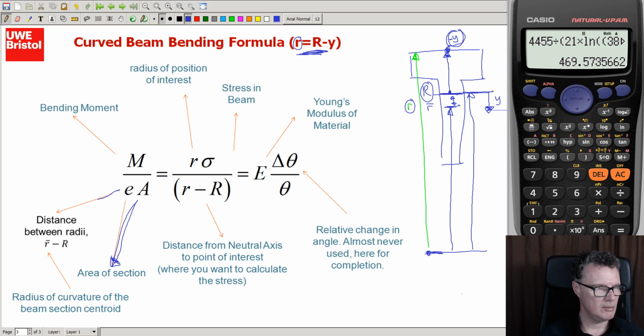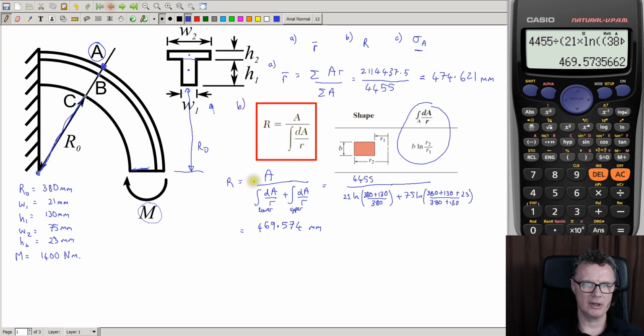I would be tempted to be an engineer at this point and not worry too much about my convention. So here I've got the bending moment, and it seems to be doing a bending moment like that on the bent curved beam. So that implies that anything below my neutral axis here would be in compression, so I should be getting negative answers. Anything above this section should be positive, so I should be getting positive answers. So that's how I'm going to approach my formula.